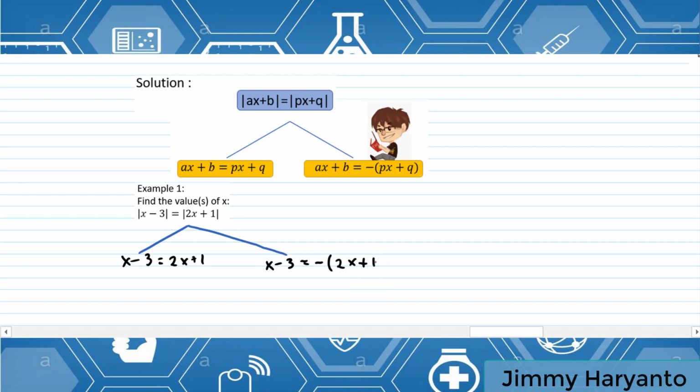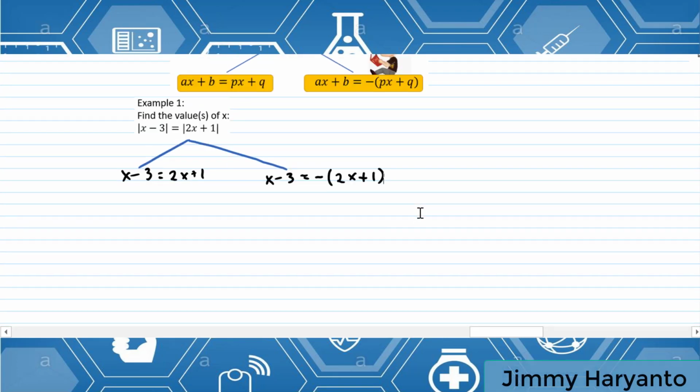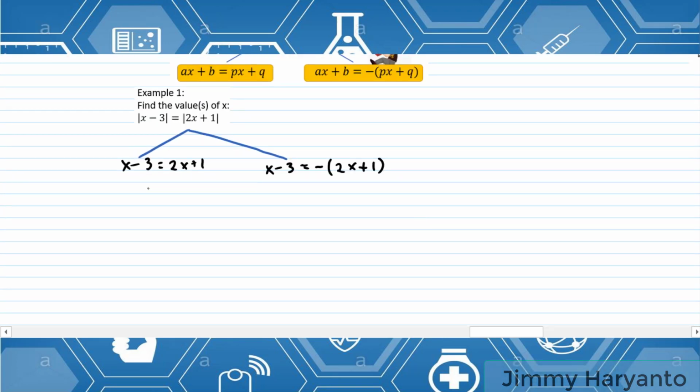And then we solve that using algebra. x minus 2x equals 1 plus 3, so it will become negative x equals 4. x will be negative 4.